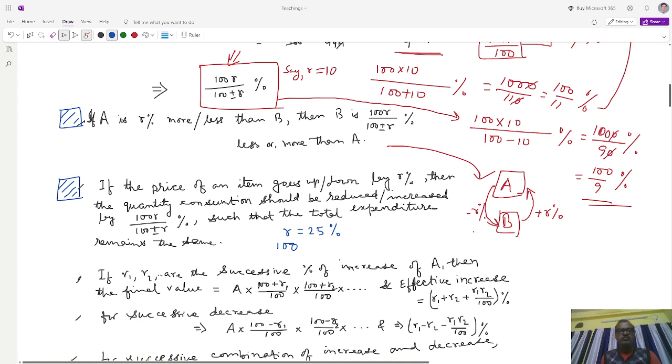Using this formula, we get 100 into 25 divided by 100 plus 25, equals 100 into 25 divided by 125.